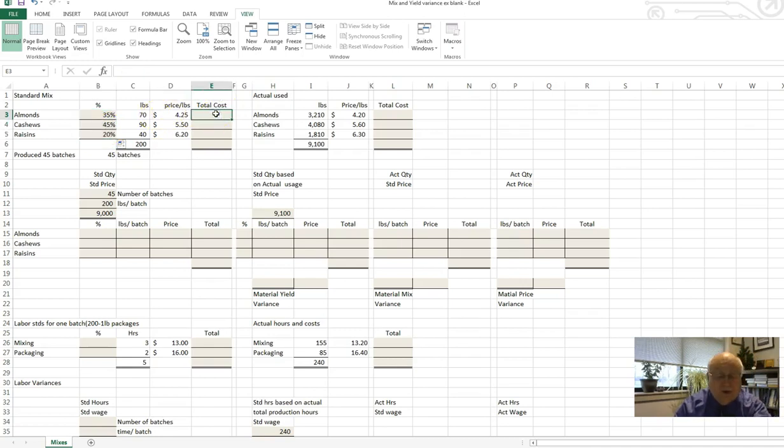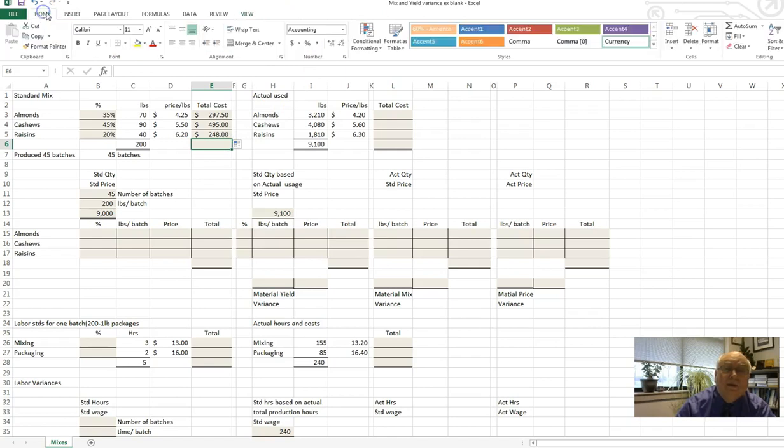The total cost I'm going to go ahead and calculate. I don't need to, but this is the price I have per batch. We take 70 times 425, 90 times 550, 40 times 625, and then we add all those up. That gives us 1,040.50 per batch.